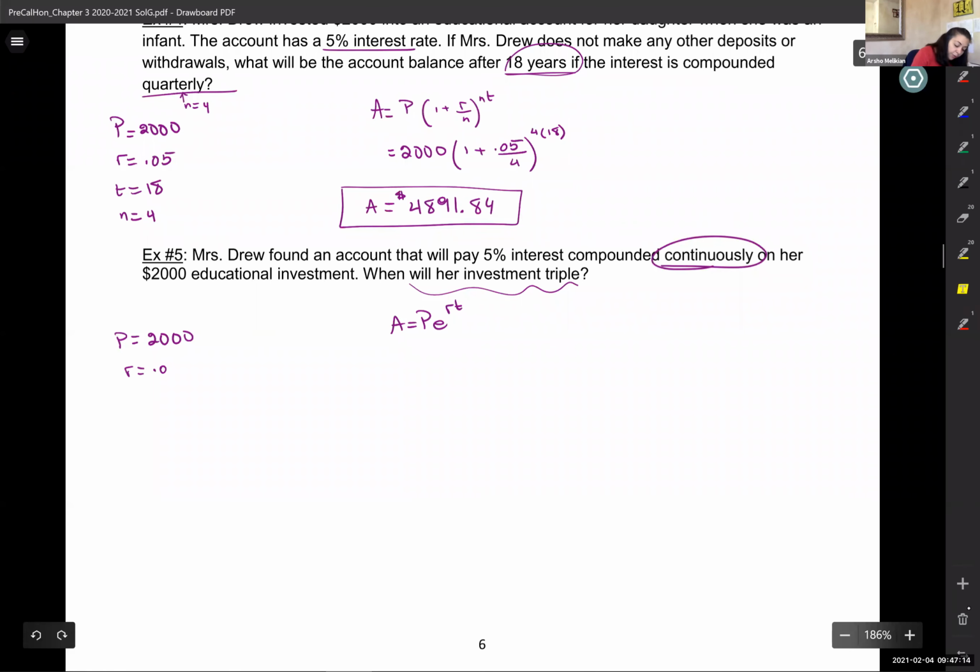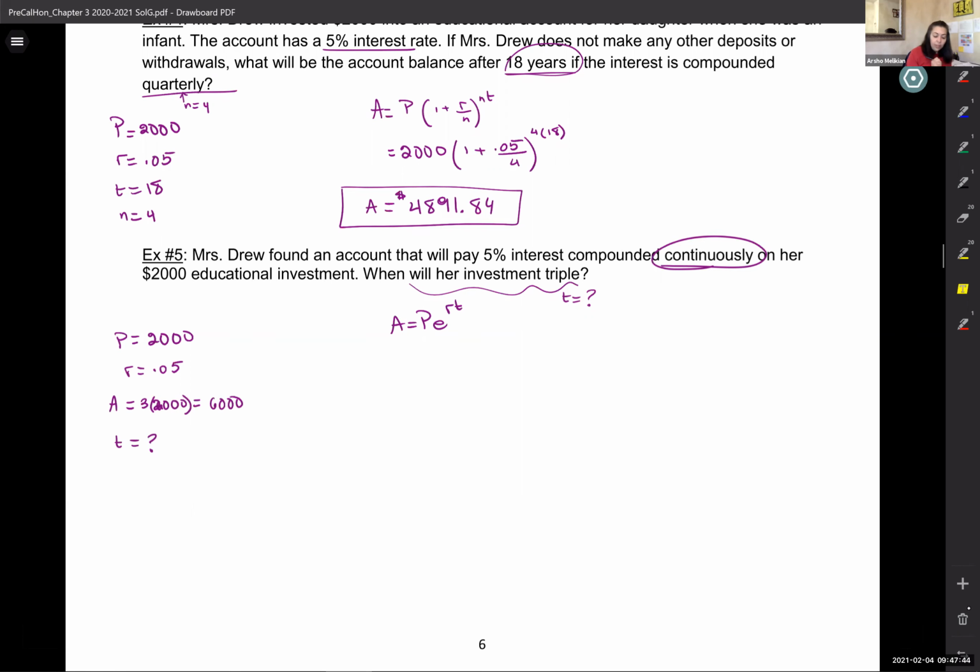R is 0.05. Now, though, I'm looking for when the investment will triple, so I'm looking for time. But what I want is for the final amount, A, to be 3 times the initial amount, 6,000, right? So 3 times 2,000, which is 6,000.